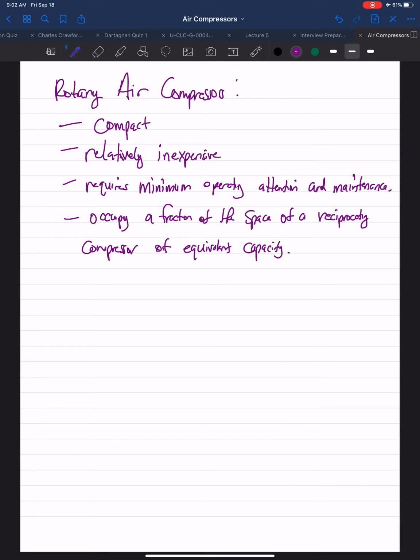Rotary compressors are generally classified into three groups. You have your slide vane type, your lobe type, and your liquid seal ring type.